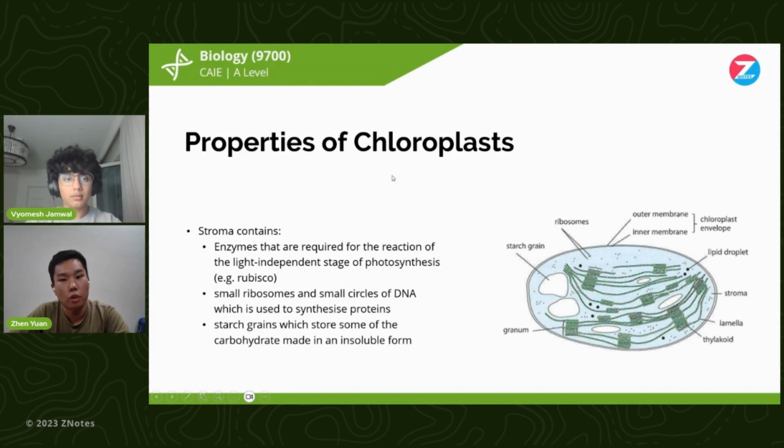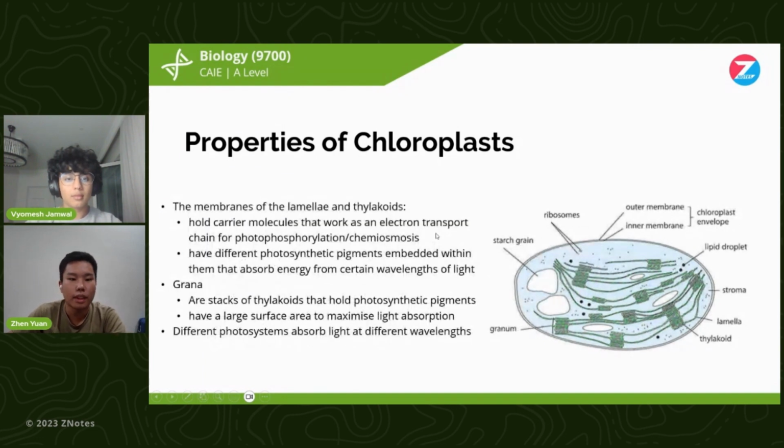So stroma, chloroplast, and matrix, mitochondria. The membranes of the lamellae and thylakoids hold carrier molecules that work as an electron transport chain for the photophosphorylation and chemiosmosis.